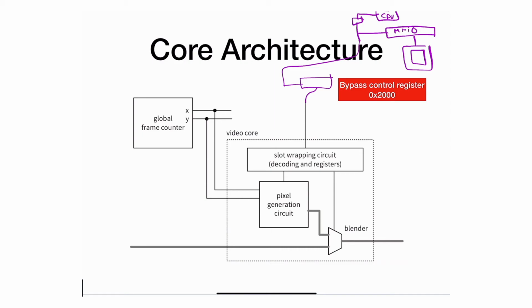Again, remember, the video subsystem is an example of a stream processing interface, and this will be a centralized flow control. So that will basically control the flow across all of the cores.